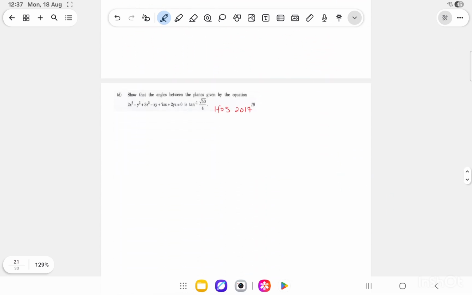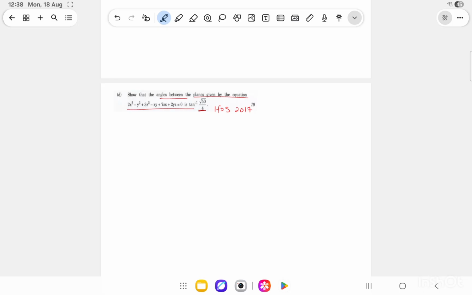So in next question they have asked to show that angle between the planes given by this equation is this. So we have a direct formula for calculating angle between the planes.